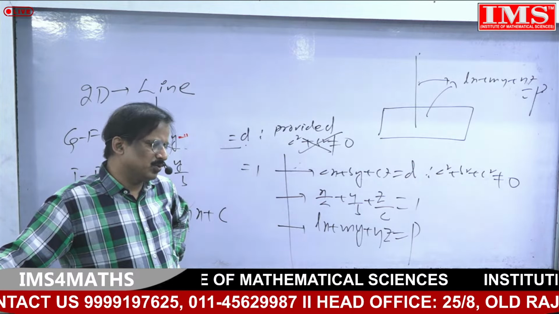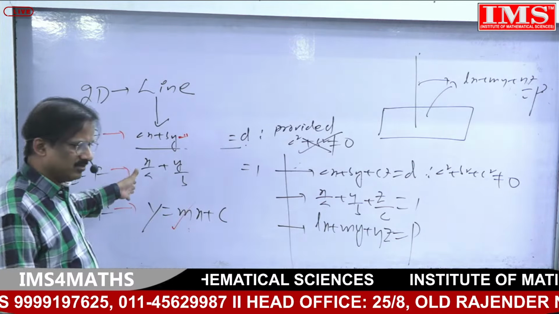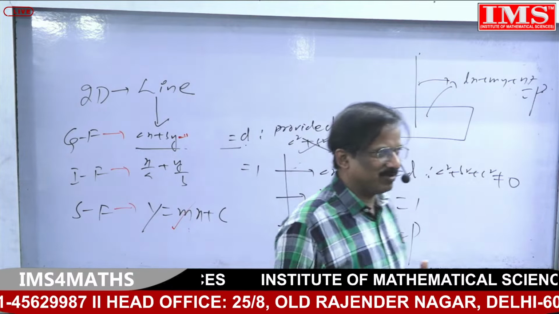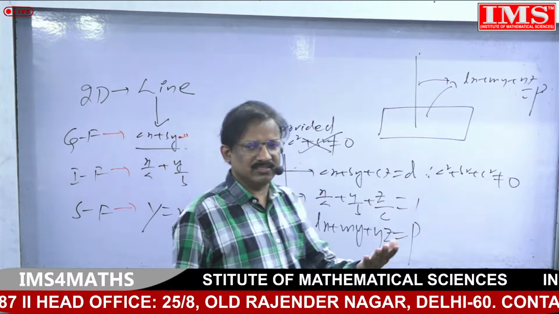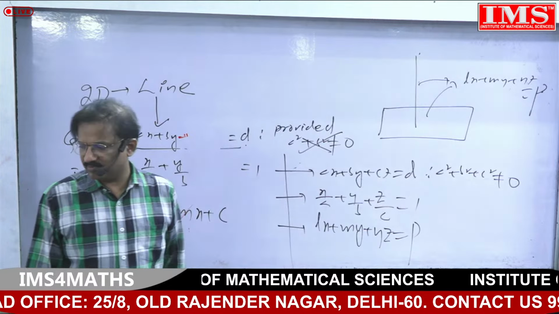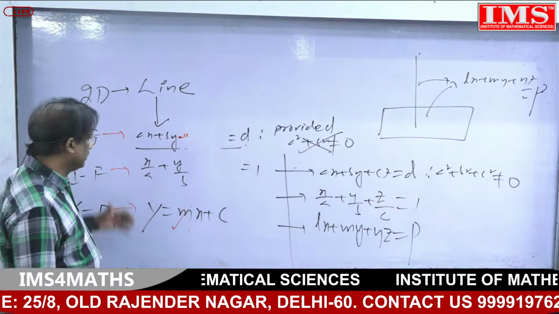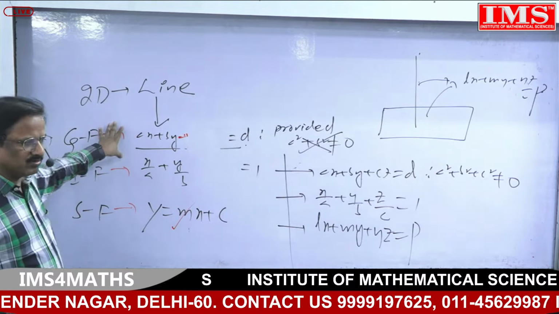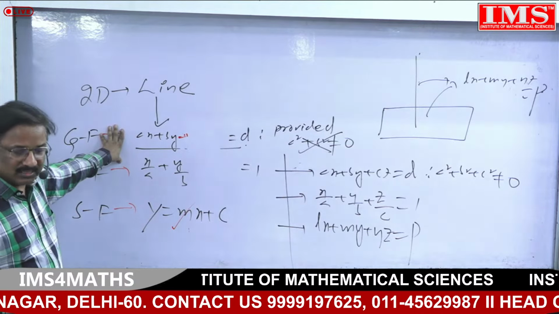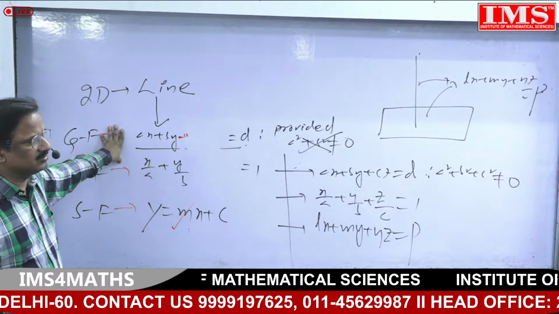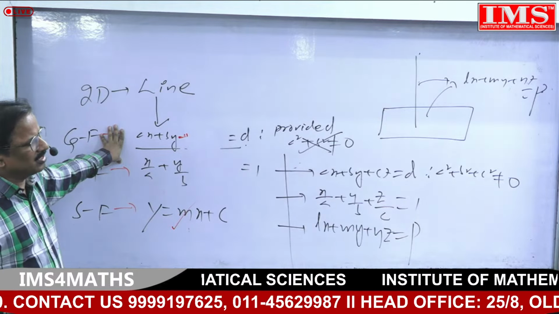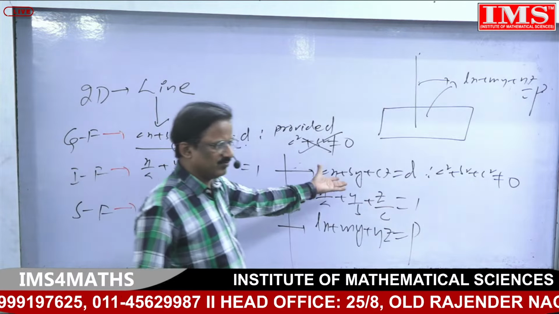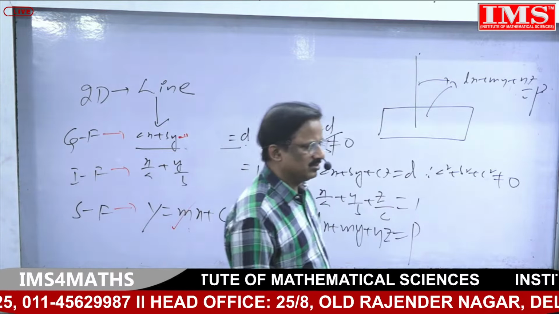Secondly, I'm just comparing with the 2D, I'm not doing anything new here. It's just my point of view to see how easy it is. And next point, in the 2D, not only these forms you can learn, and you told that there's a line which is passing through 2 points, but I told that there's a plane which is passing through the 3 points, right?